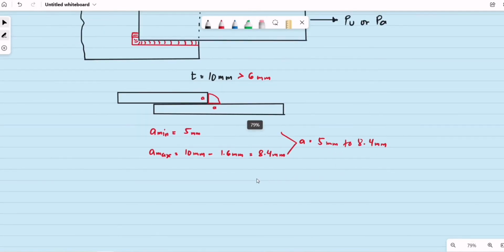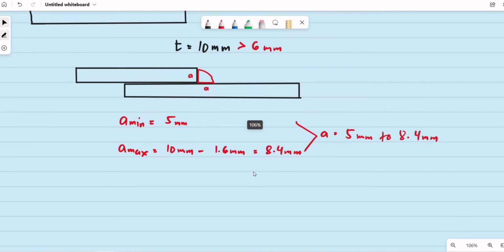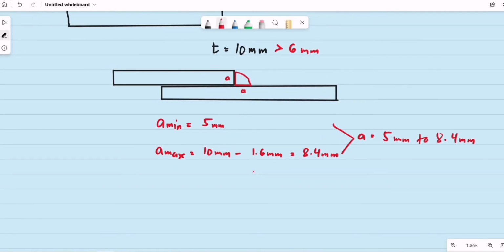We are to use any value from 5 millimeters to 8.4 mm. That will be acceptable. But just for this example, I'll be using A equal to 6 millimeters. That will be the leg of the fillet weld.